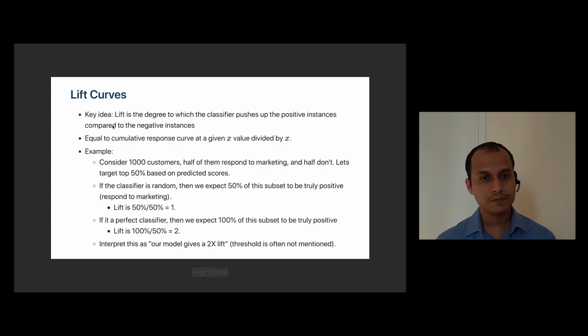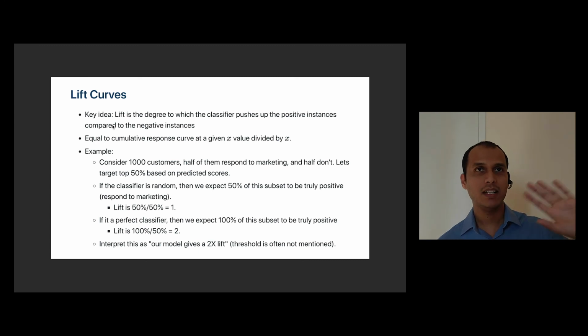And lastly, the idea of lift curves. It is just an extension of the cumulative response curve. Here the idea is the degree to which the classifier pushes up the positive instances compared to negative instances. In the previous curve, it's just how many positive instances the classifier pushed up. But lift is a relative number: how many instances did it push up at a given threshold compared to instances below.